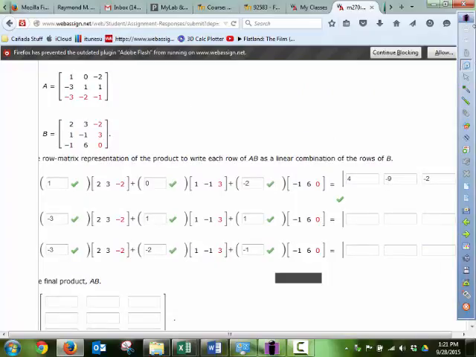Okay, so those look good, and then we just need to fill in the rest of them. But I think your final answer is, since these are the rows of AB, oh yeah, so it should still be the rows, right? Minus 9 and negative 2.